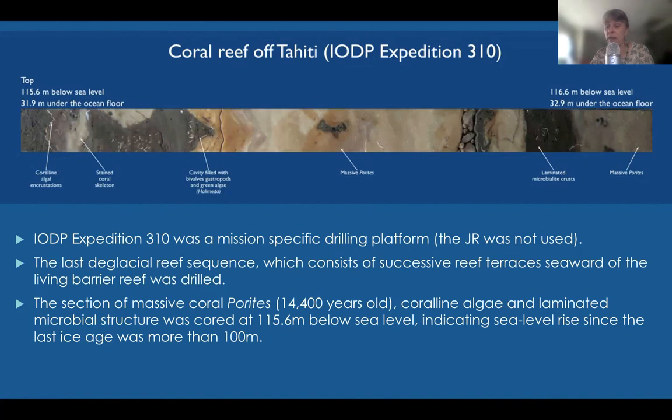And it's showing these series of cores showed what the sea level rise was after the last ice age. And so how quickly did the ice sheets melt? How quickly did sea level rise and flood this landscape, or send these poor corals down to the deep ocean below the photic zone where they couldn't survive anymore and they died?